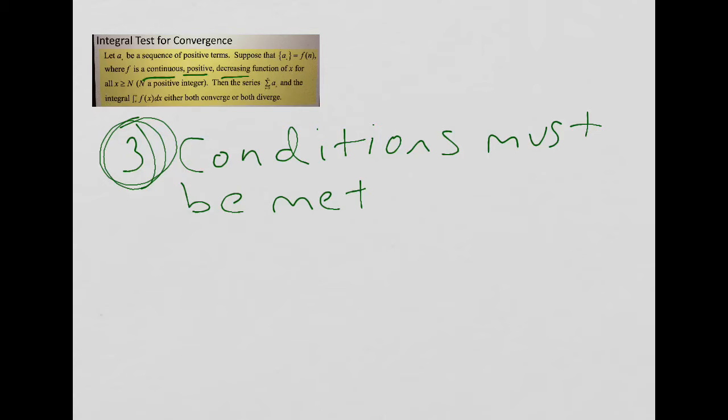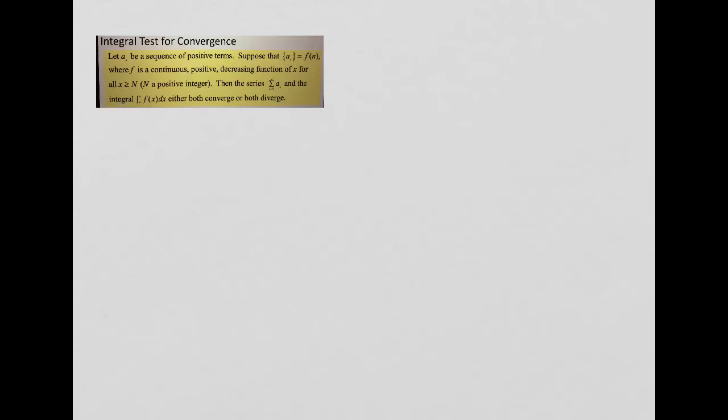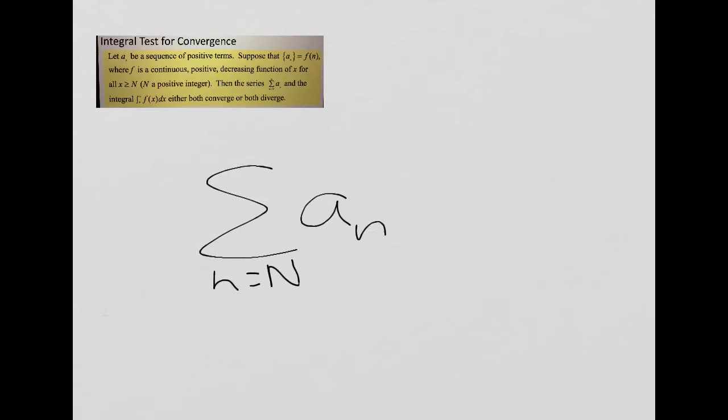Now, when we get through this whole process, we look at the series, the sum of a sub n, and this is an important one, the subscript, let me write it a little bit bigger, is little n equals big N, as it goes towards infinity, we have all these values.